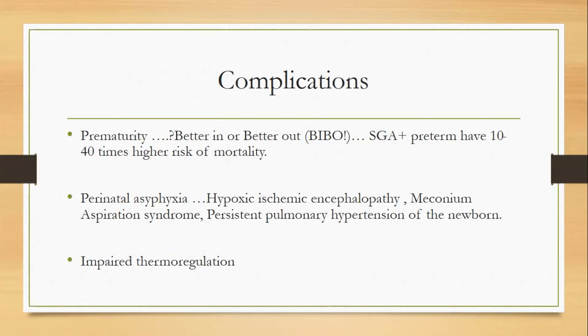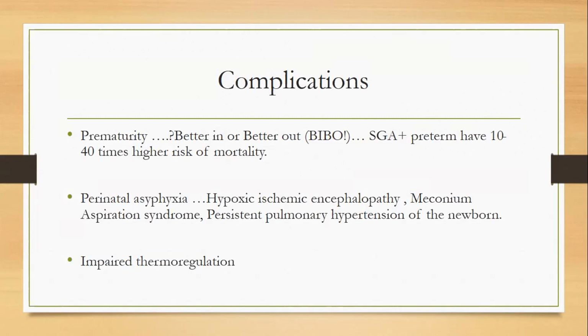I mean, they're born either term or post-term. When they're born term or post-term, we find these babies, most commonly in our public institutions, come out with perinatal asphyxia, encephalopathy, they come out meconium stained, and they get meconium aspiration syndrome, and they get persistent pulmonary hypertension of the newborn.